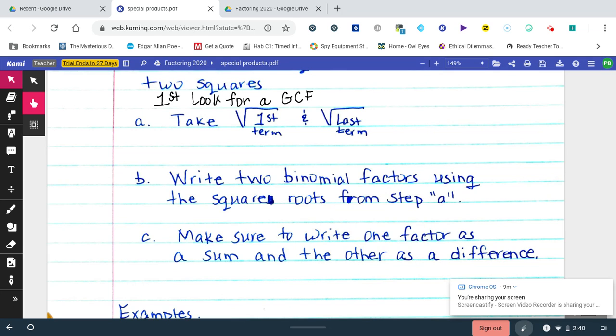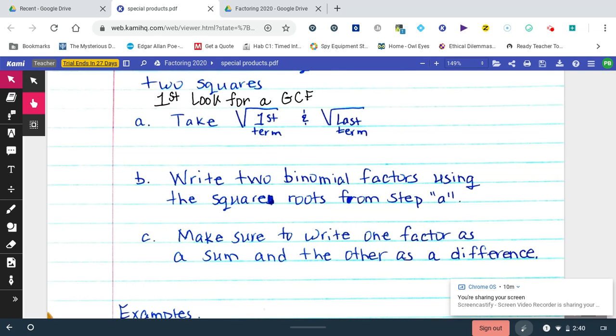With a perfect square trinomial, the way you chose your sign is you looked at the middle sign in the original trinomial. So if the middle sign was positive, then you would put plus in both of the factors. If your middle term was a minus sign, then you would put a minus in both of the factors.